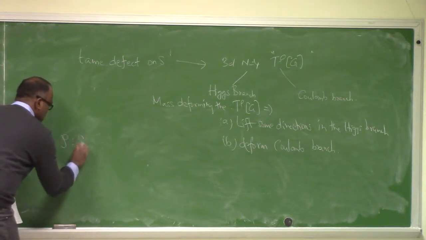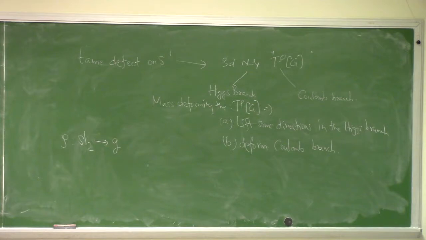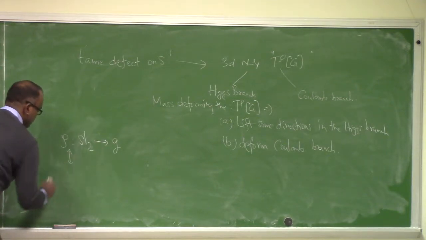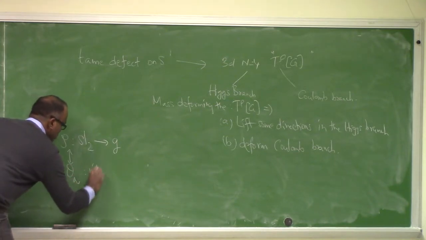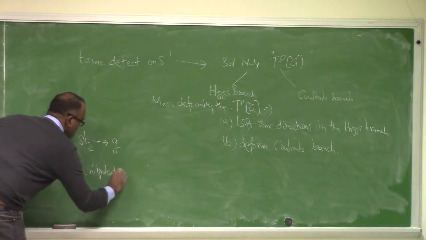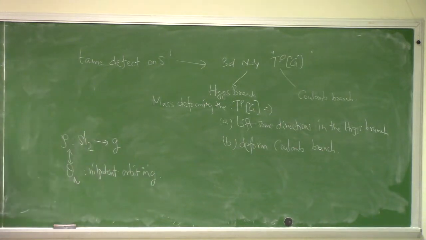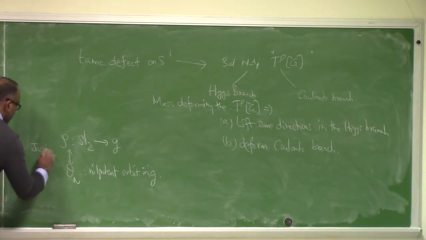So rho is an SL2 embedding in the Lie algebra G. Associated to this SL2 embedding is an orbit O_N, which is a nilpotent orbit in G. This association is by the Jacobson-Morozov theorem.